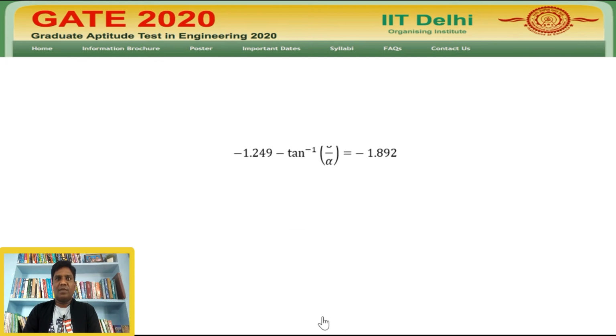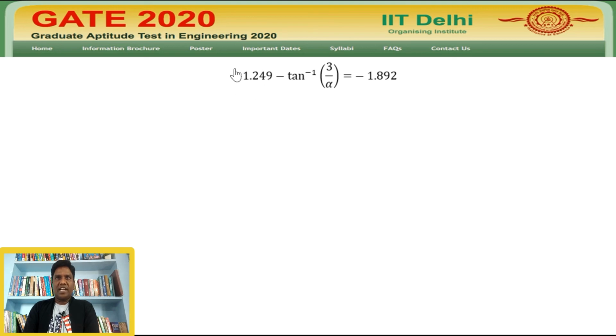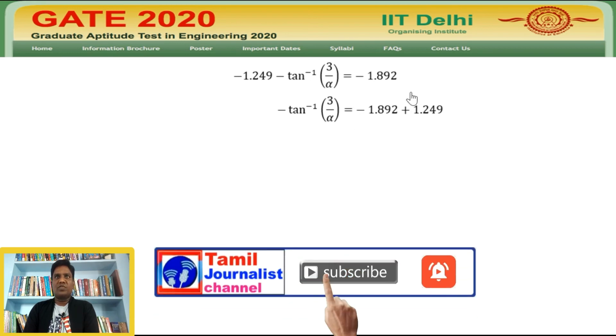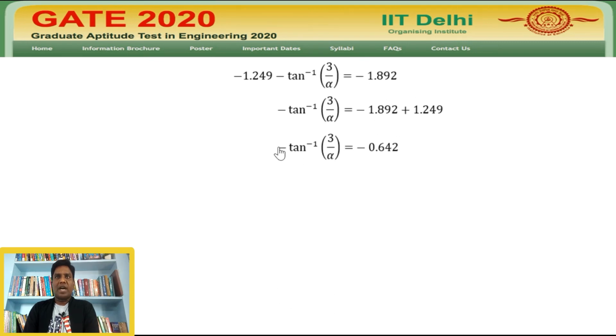Then the equation will be minus 1.249 minus tan inverse of 3 by alpha equal to minus 1.892. Next, shift minus 1.249 to the right hand side, then the equation is minus tan inverse of 3 by alpha equal to minus 1.892 plus 1.249. On the right hand side, the addition of these two terms gives minus 0.642. Then the equation will be minus tan inverse of 3 by alpha equal to minus 0.642.